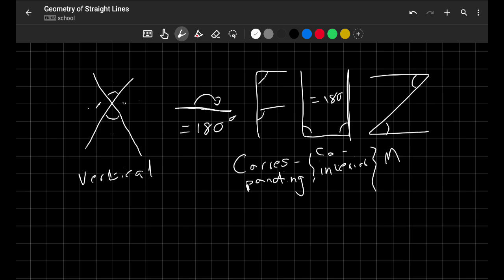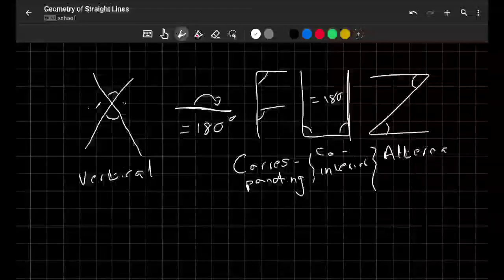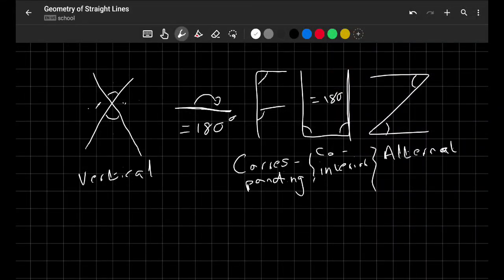That is alternating angles, or alternate angles.